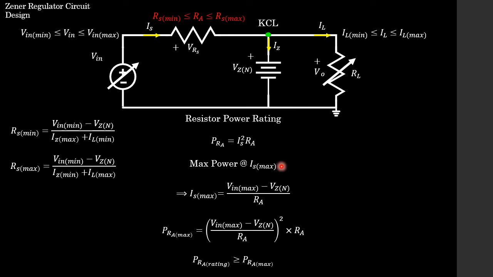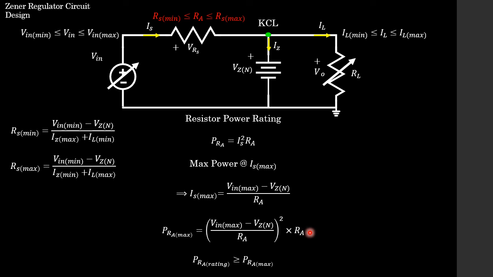So because of that, we know that Is max can be expressed according to the volt drop across our resistor, and we can use Ohm's law to then divide by Ra to get this expression. And then we can use this expression and plug it all the way back into this power expression, so we can now determine exactly what this maximum power is that is going to be experienced by our resistor Ra.